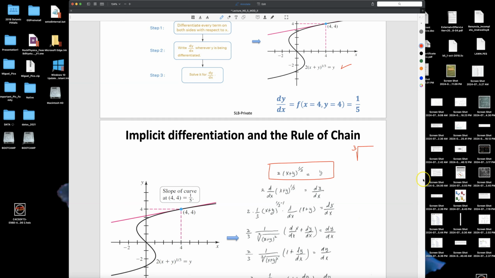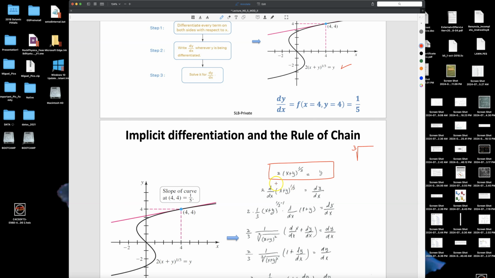That is the external function: the third order root, or the power in which the exponent is a rational number, 1/3. Either one that you want to identify is going to be the same. So it's the derivative of this external function evaluated in an internal function. What is the internal function? x plus y.